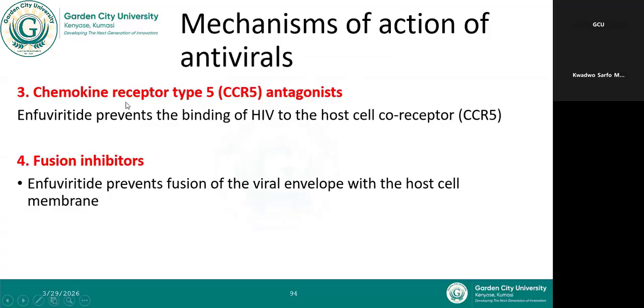So these receptors on the host cell will be blocked so that this virus does not bind to the new host cells to infect them. So with time, they get cleared by the host system and the viral load will reduce.